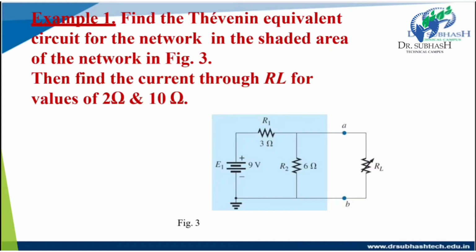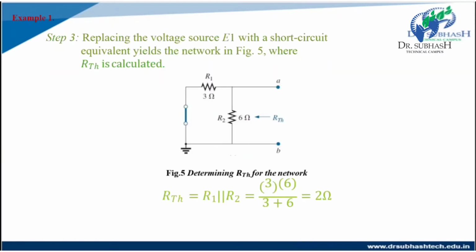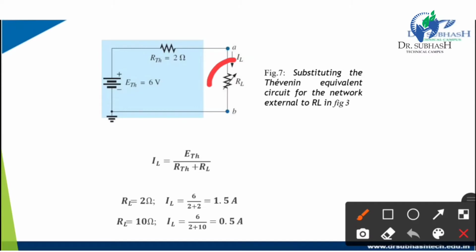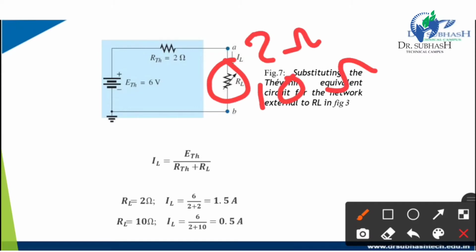Then find the current through RL for values of 2 ohm and 10 ohm. So now our work is to put RL as 2 ohm and 10 ohm, then find the current.